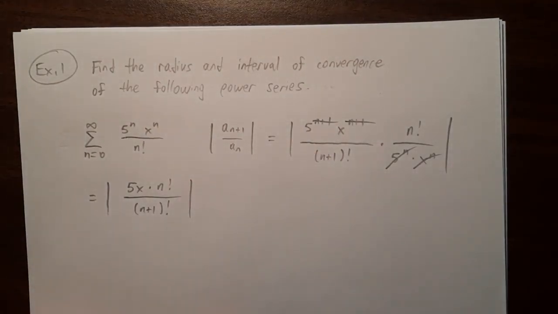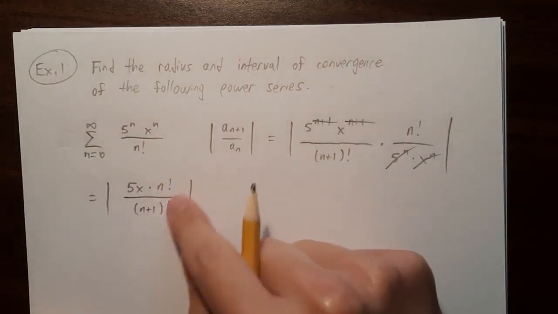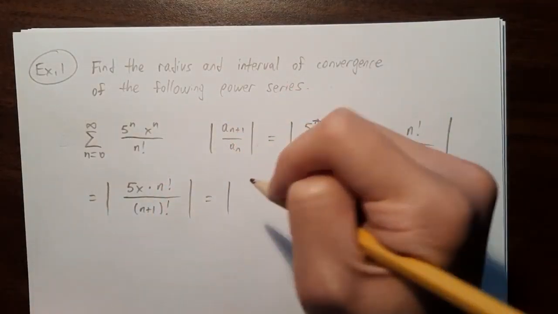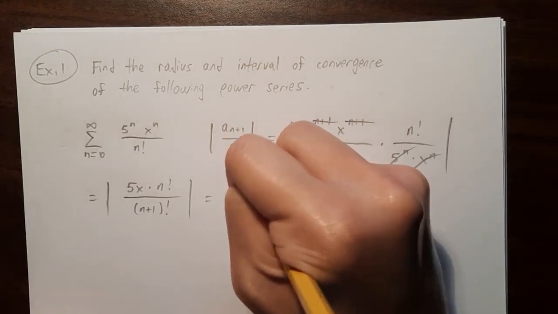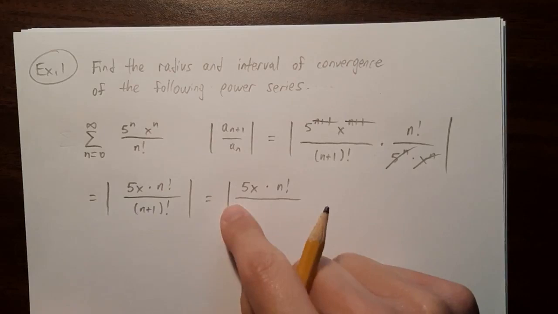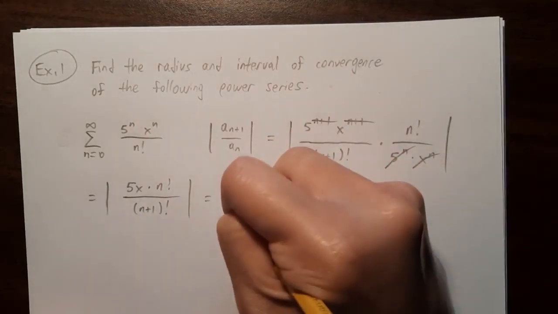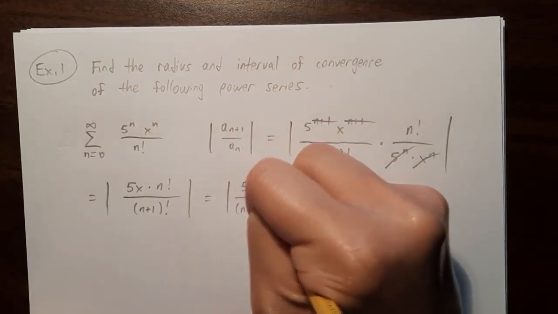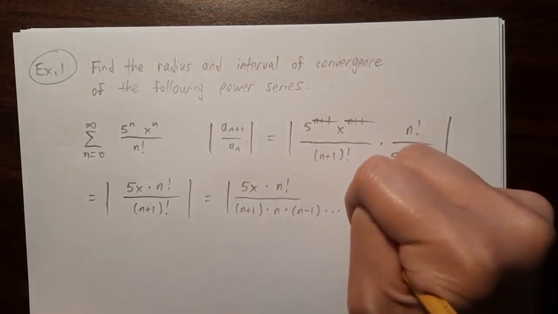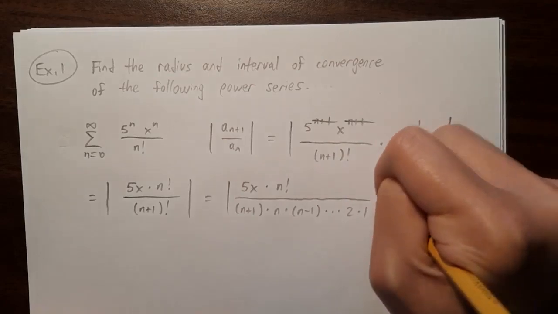And if you remember from last time, there's a way to do a cancellation with this as well, if you remember what the definition of factorial is. So let me write out what the definition of n plus 1 factorial is. That's n plus 1 times n times n minus 1, all the way down to 2, and then times 1.